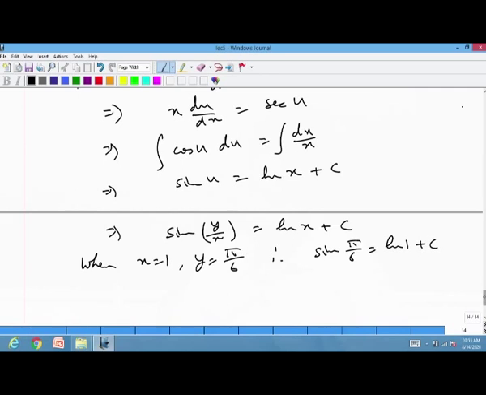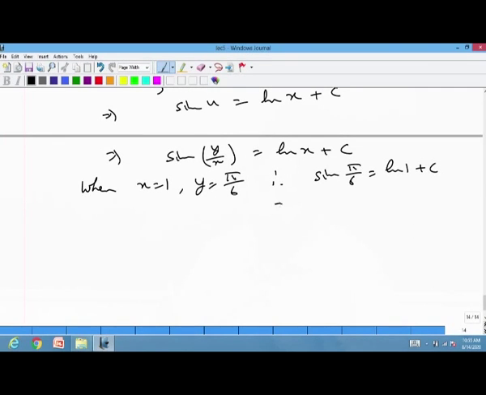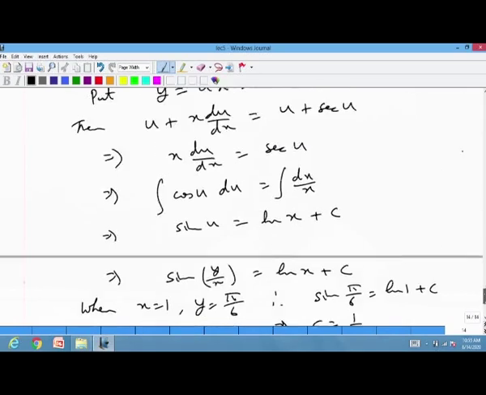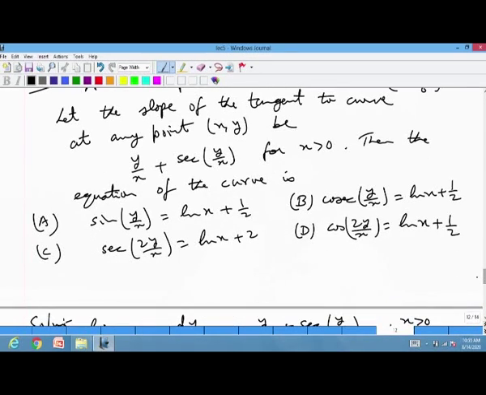Log 1 is 0 and sin pi by 6 is half. So, this implies c is equal to half. Therefore, sin y by x is equal to log x plus half. So, option A is the correct answer and B, C and D are wrong.